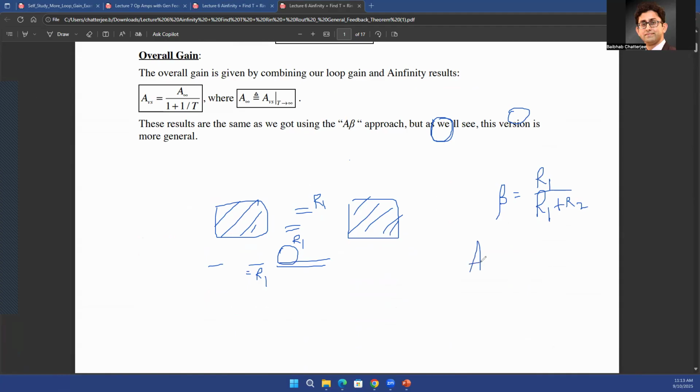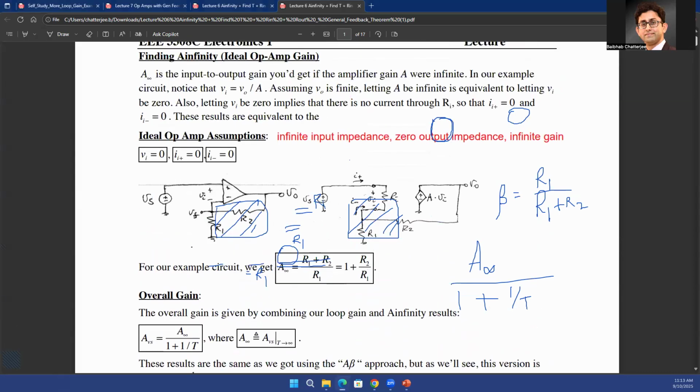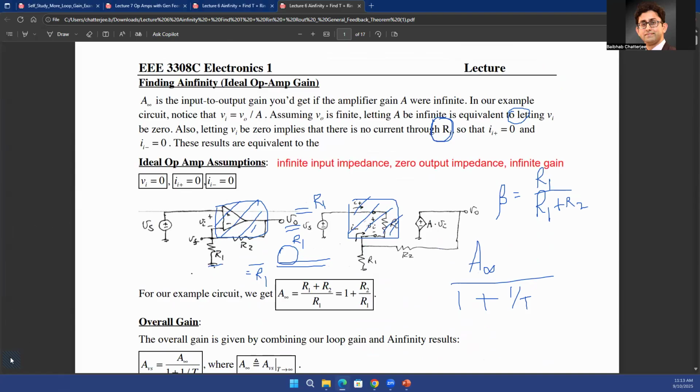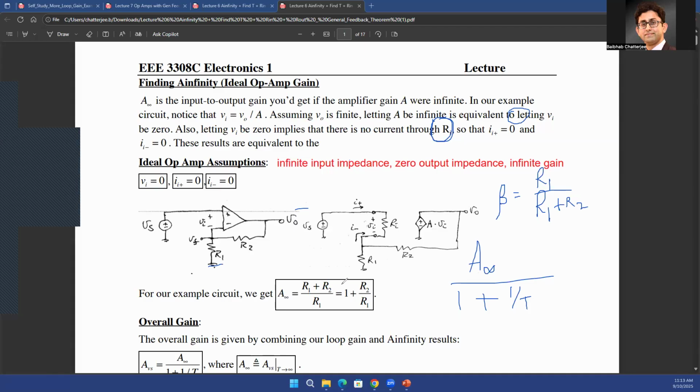A infinity divided by 1 plus 1 over T. Now, if you just put the values, your A infinity in this particular case is when you assume the op-amp to be ideal, and you already know that is going to be 1 plus R2 over R1.